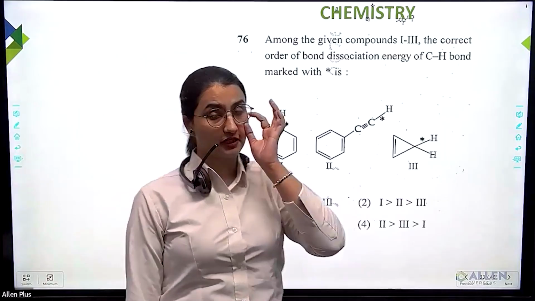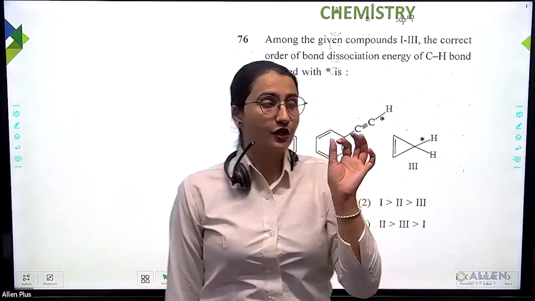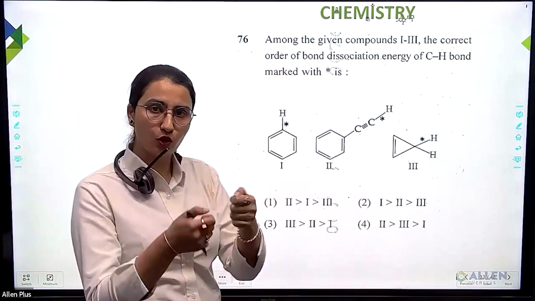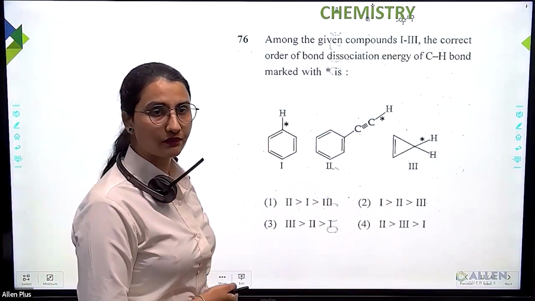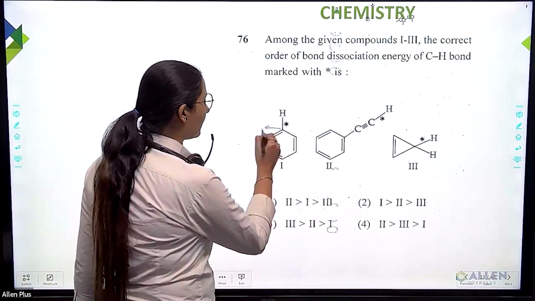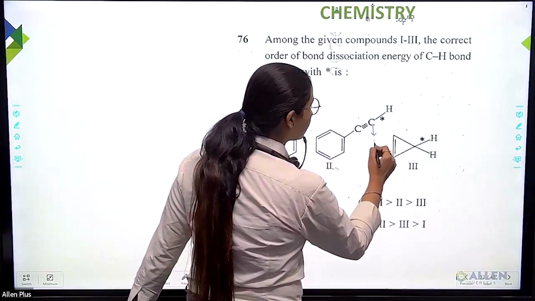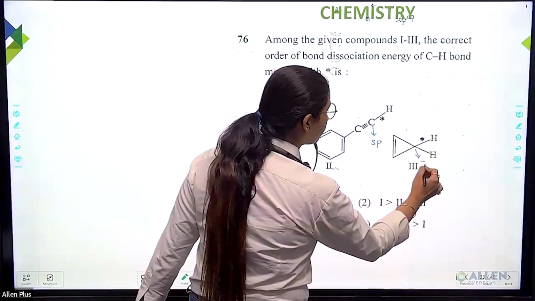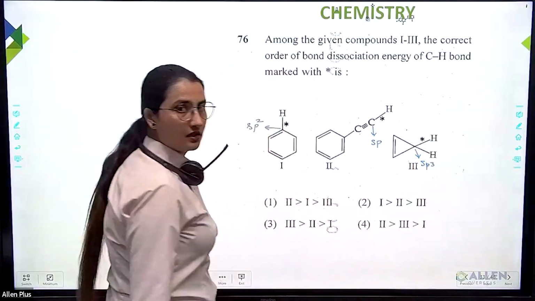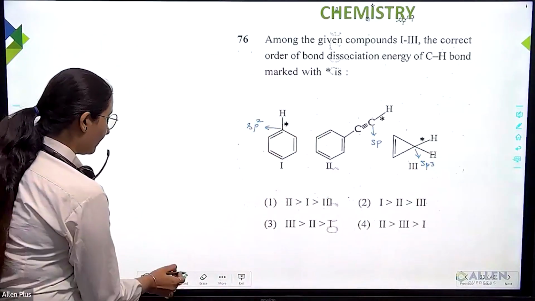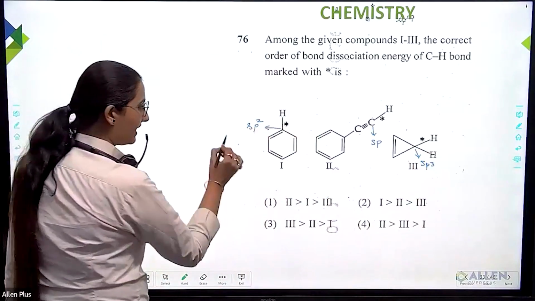Next is bond dissociation. See, the CH bond breaks homolytically. Radical is formed. If you check, students, this carbon is sp2. This carbon is sp. This carbon is sp3. And if it breaks, what we get?